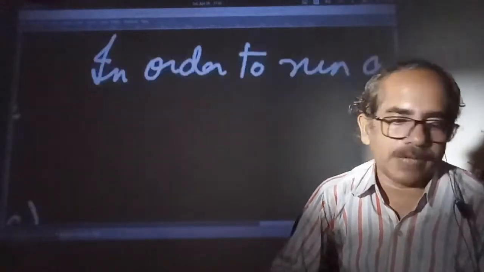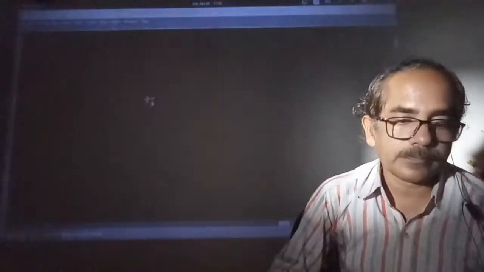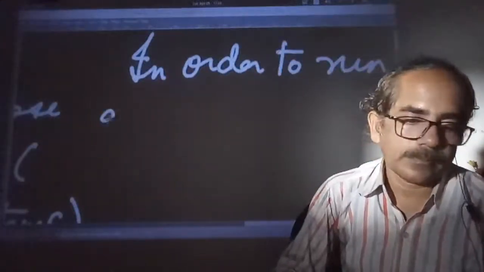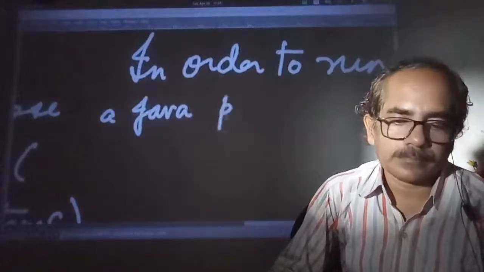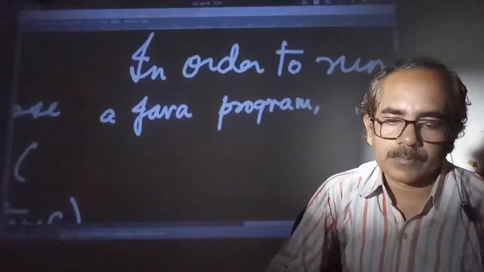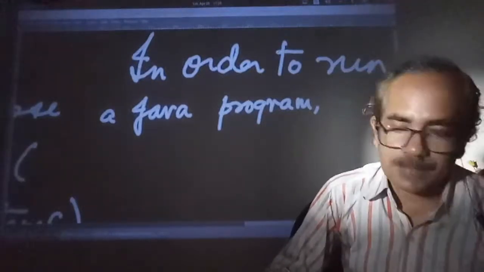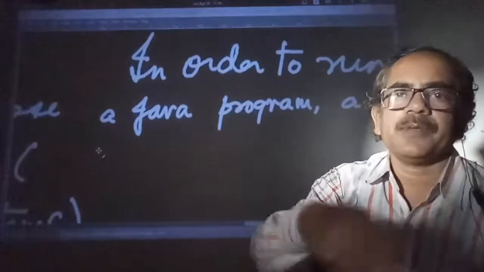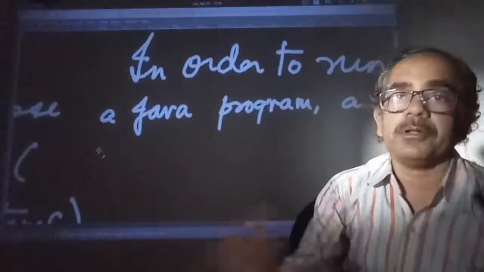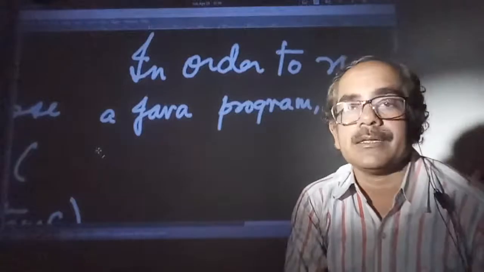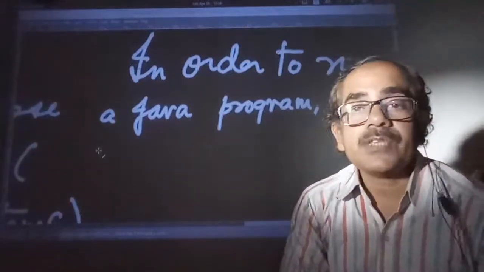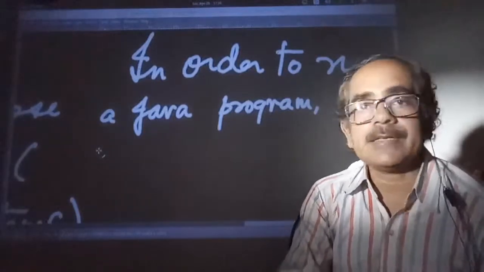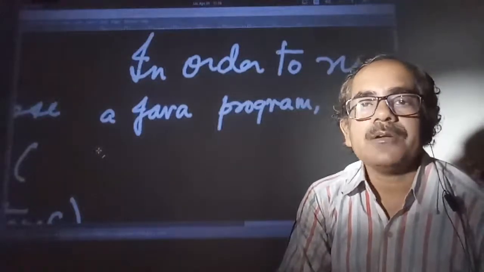In order to run a Java program, a virtual environment is created. Okay, it will take time, so let me speak, and you will refer to the video later on, or you will keep it in mind so that you can recall all those things. So a virtual environment is created on different systems. This virtual environment is called JVM, its name, standing for the full form Java Virtual Machine.